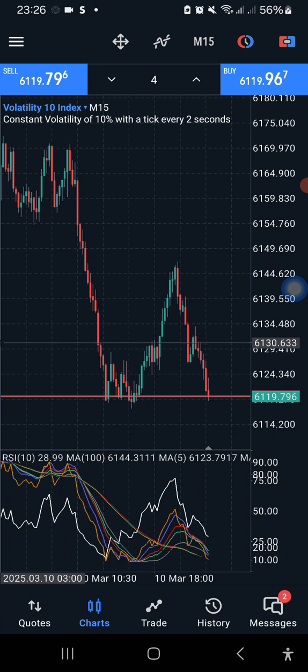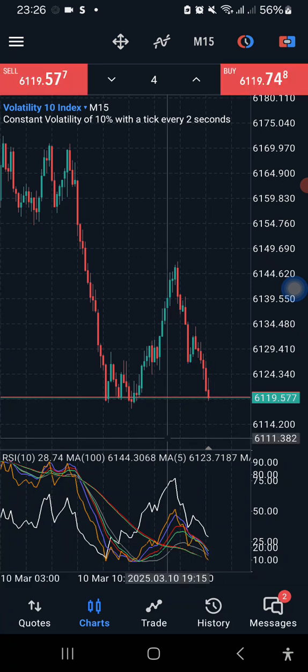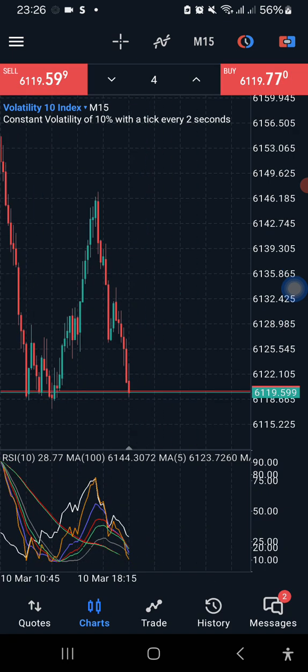Let me move my chart. So when the market moves all the way from here and gets to this part and decides to come back down again, then my trade will be activated. I don't know if you are getting me. Let me place the trade for you to understand.